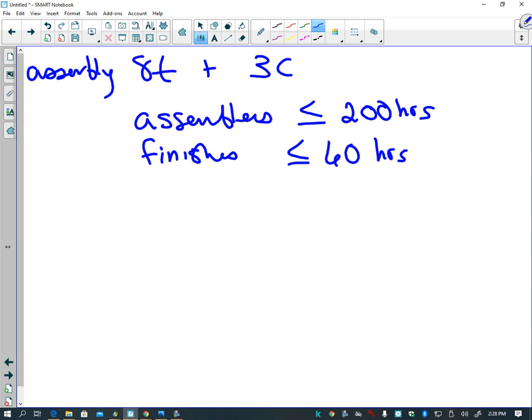So this is how long it takes to assemble. Okay, but to finish, you said it takes 2 hours per table and 1 hour per chair. So to finish is 2t plus c.